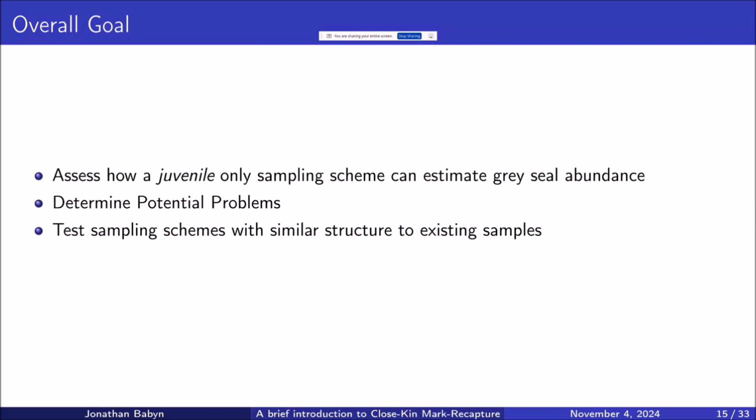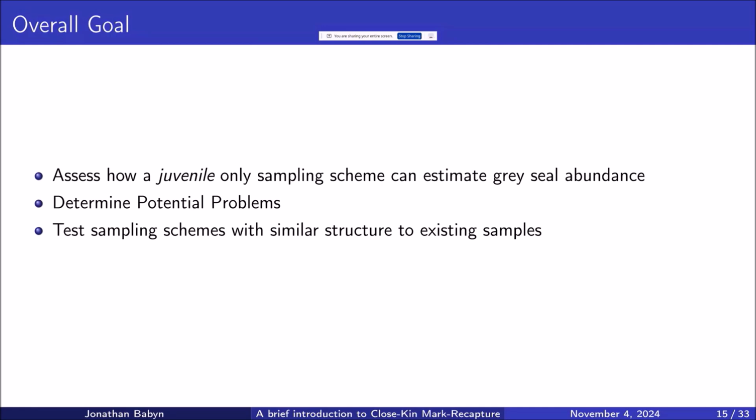So you might be thinking, well, why only juveniles? The reason for this is that gray seals abandon their pups on the beach after weaning for a few weeks. So this potentially could make sample collection a lot easier and cheaper than doing the current mark-recapture or dealing with adults as well. So you could just go around the beach and sample individuals.